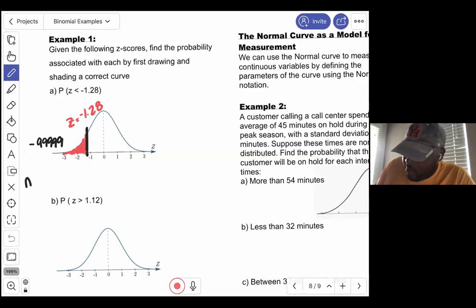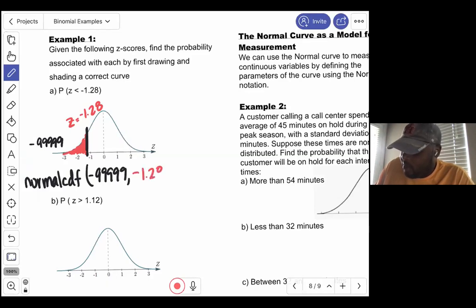So on my calculator, I would type in normal CDF. Again, we always use the CDF, never the PDF. The lower bound is -9999, the upper bound is -1.28.